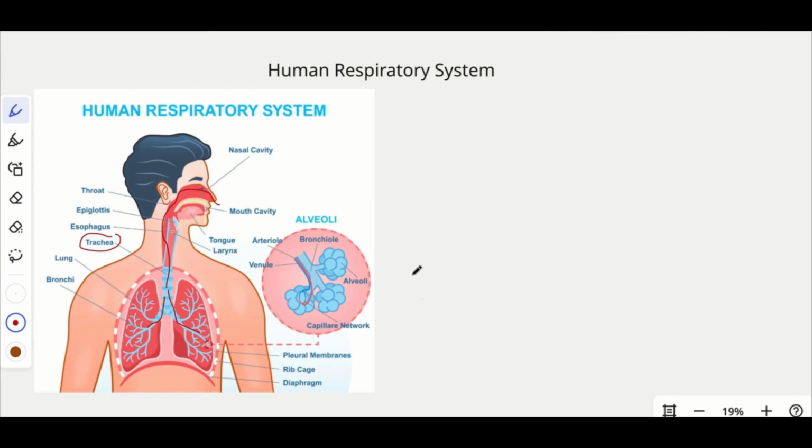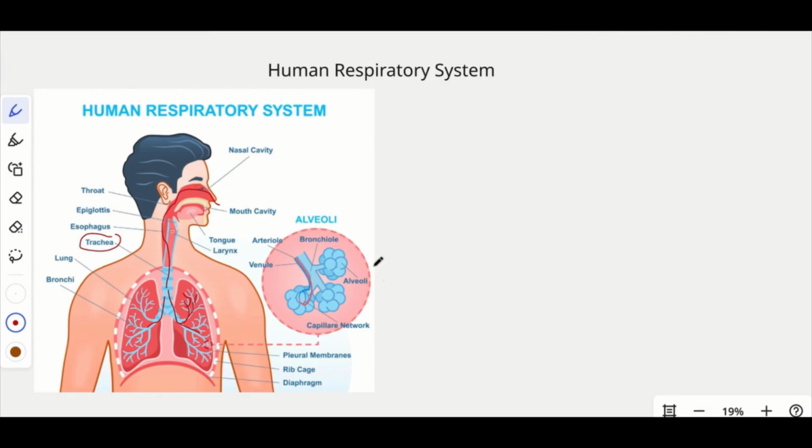Then inside the lungs, the bronchi further divide into small tubes called bronchioles. Here you can see that the bronchi are again divided into small portions. These are called bronchioles. So we started from the nostrils, then nasal cavity, then pharynx, larynx, trachea, and then bronchi, and then bronchioles.